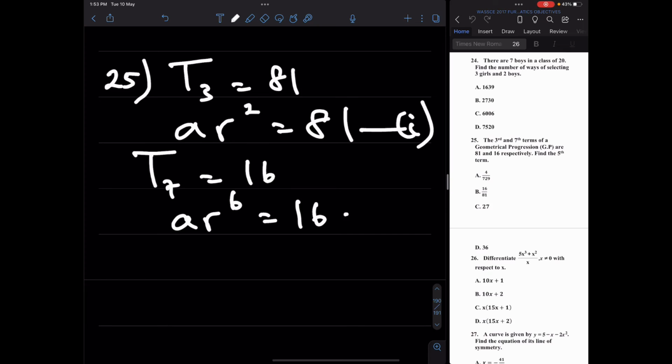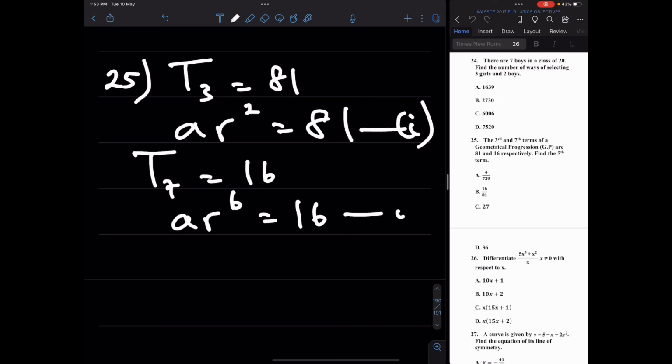So 2A gives 4, 6. Let me leave the minus outside and just multiply 1 over 4 by minus 1, which will be minus 1 over 4, and 1 over 4 times 4 will be 1.